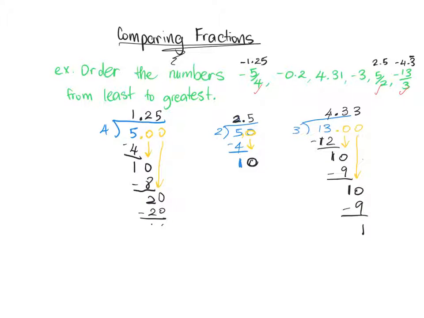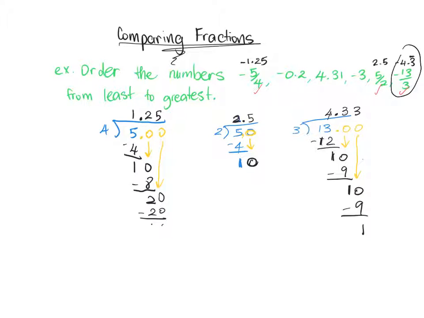All right, so now we have enough information to arrange these in size order. Starting from the very smallest one, the very smallest one is the one that is most negative. So it is the most negative number, the highest negative, I guess you could say, would be that negative 4.3 repeating, which is right here.